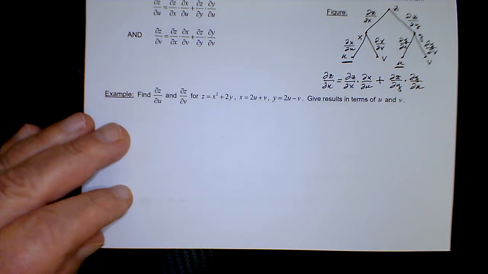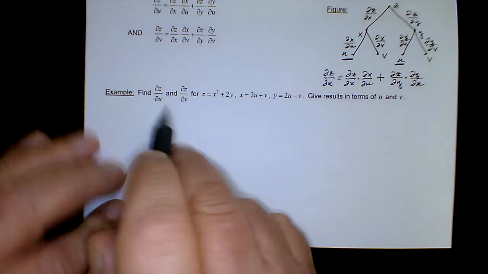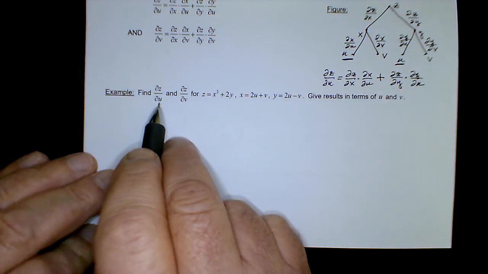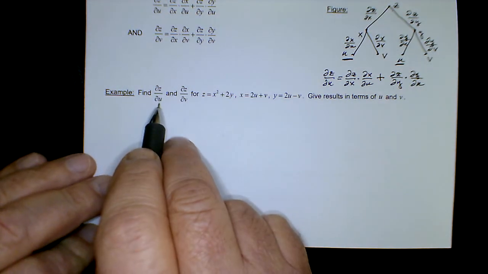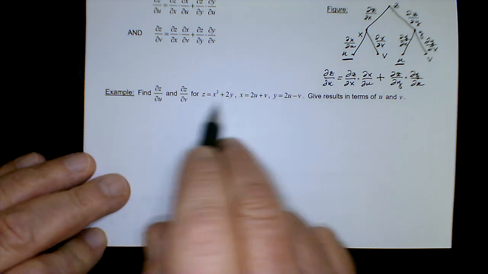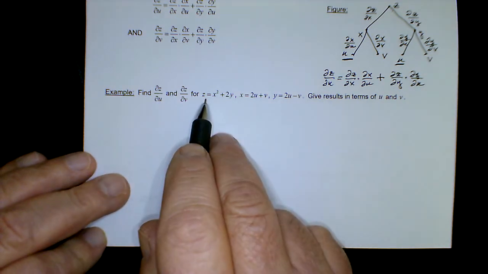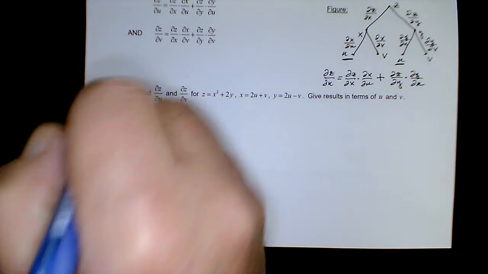So now getting to the example, we have to find both partials, and so it looks like we're going to need the partial of z with respect to both x and y.